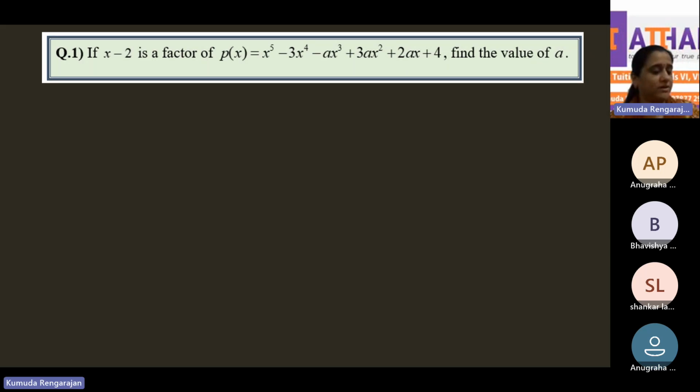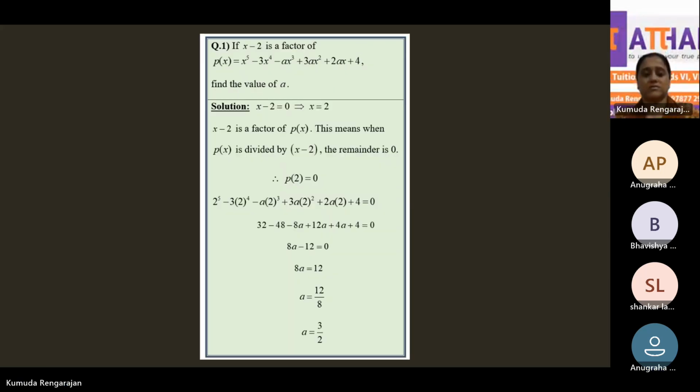Yes, Anugraha, 3 by 2. The step is wrong. What's that equation you got finally, Anugraha? Ma'am, 8a is equal to 12. Okay, all right. Very good. Check your steps, children.